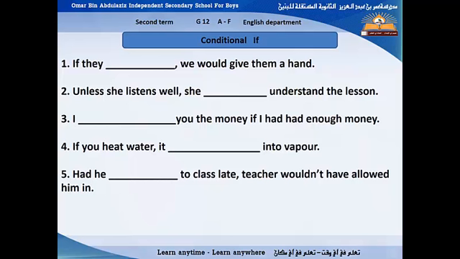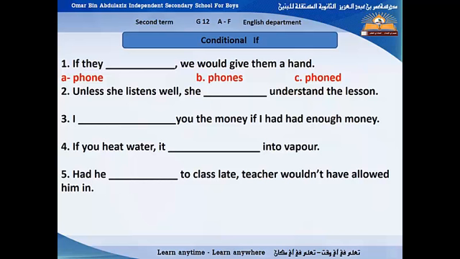We have would plus the infinitive, so it means the second case. So we are going to insert here past simple. What is going to be inserted in this sentence? Past simple: if they, we would give them a hand.